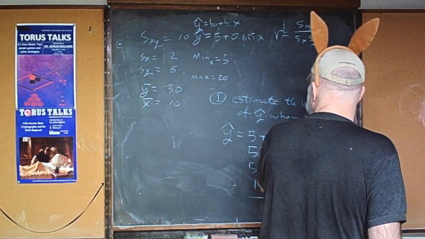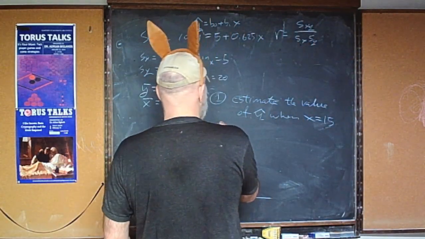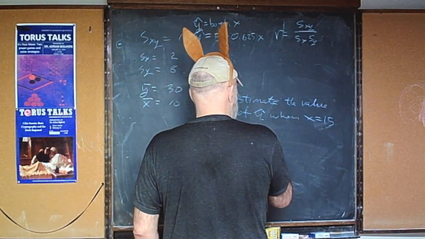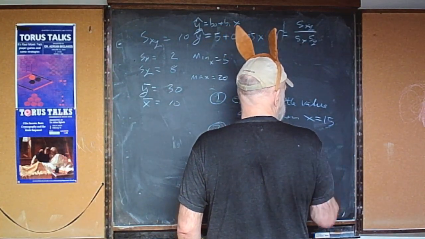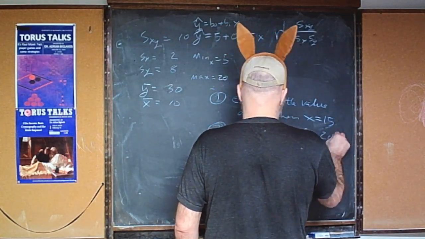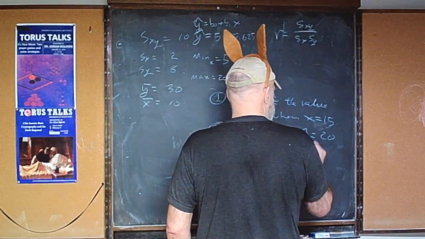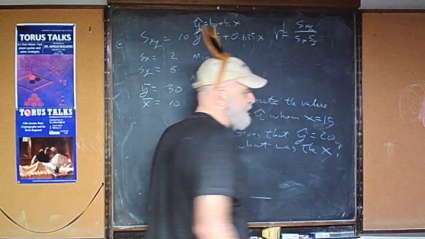For the second question here, given that y hat is equal to, oh, I don't know, 20, what was the x value that generated 20?